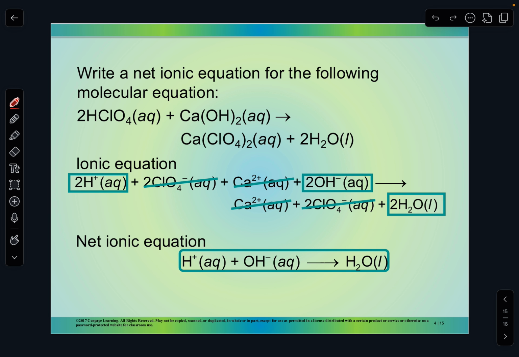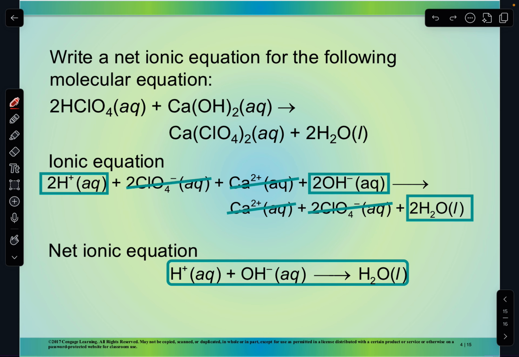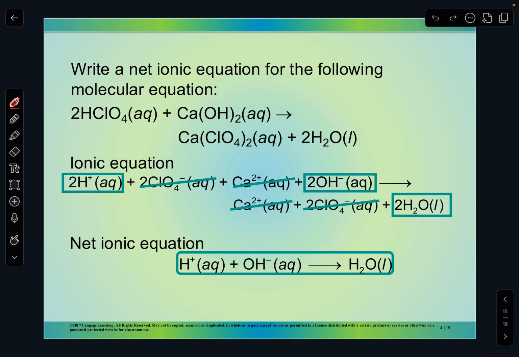I want you to give this a shot, and then I will talk about exactly why this reaction works the way it does. We're going to get into it in more depth in the next few slides, but this should have a specific meaning to you. Okay, so what we'll do is we'll talk about this.